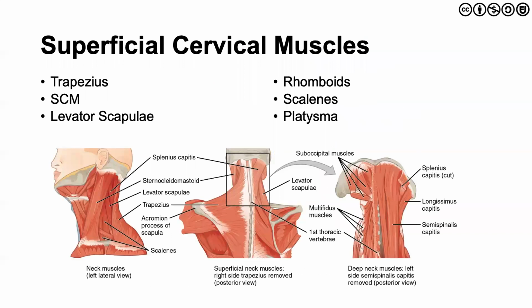There are some superficial cervical muscles we want to make mention of as well, such as the upper trapezius, the sternocleidomastoid, the levator scapula, the rhomboid, specifically rhomboid major and minor, scalenes, the three aspects of scalenes being the anterior, middle, and posterior fibers and bands, and then ultimately the platysma, that real superficial muscle in the anterior neck.